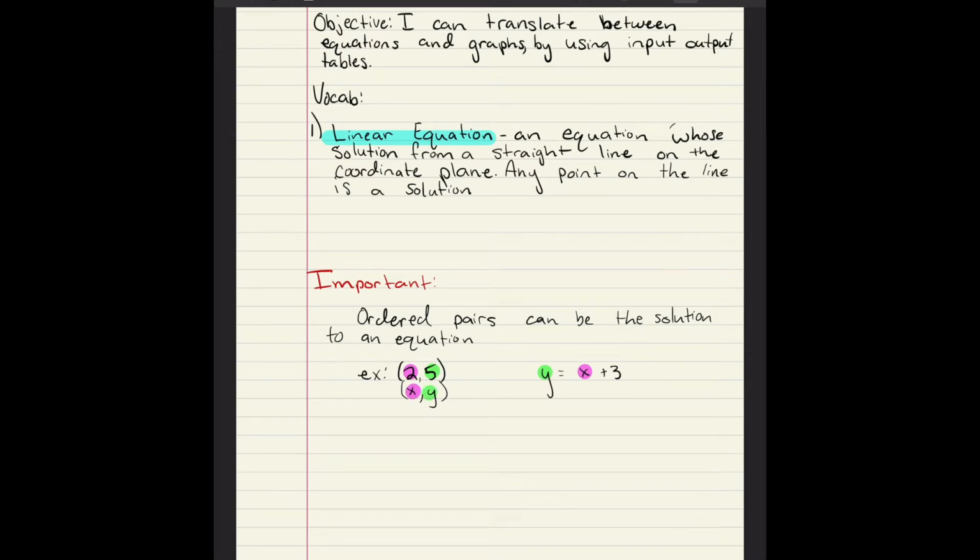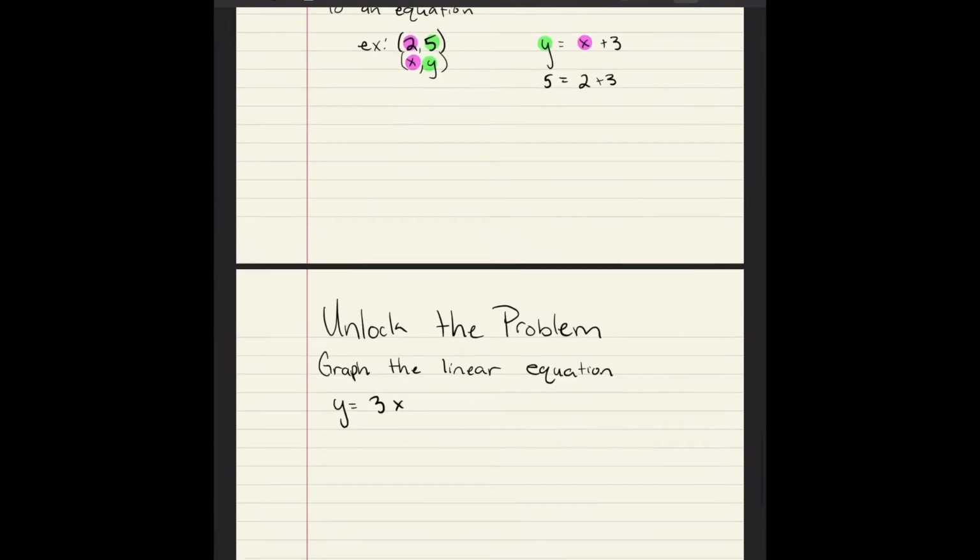So then it would be 5 equals 2 plus 3. See how that works? So let's see how that plays an effect on our graphs.